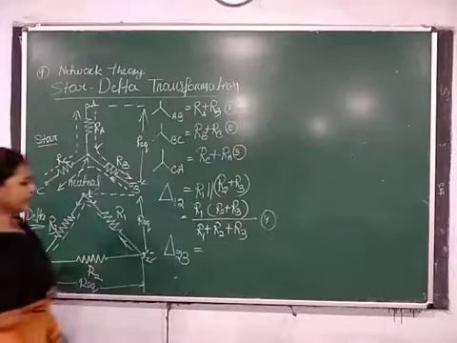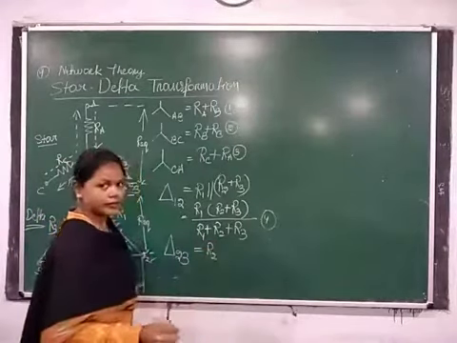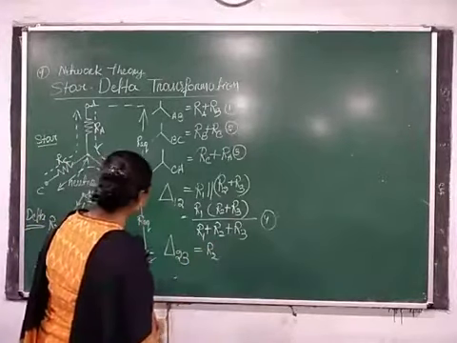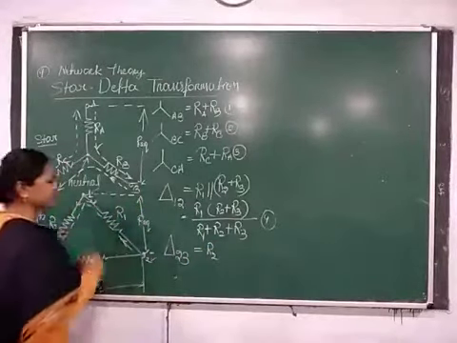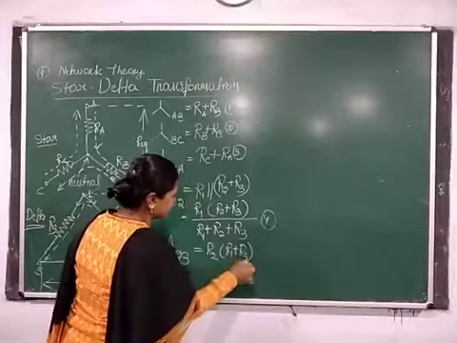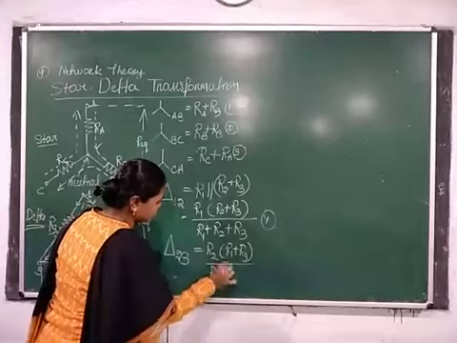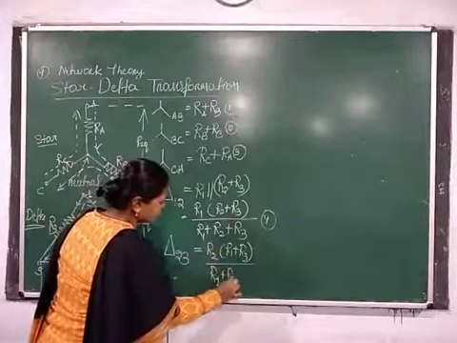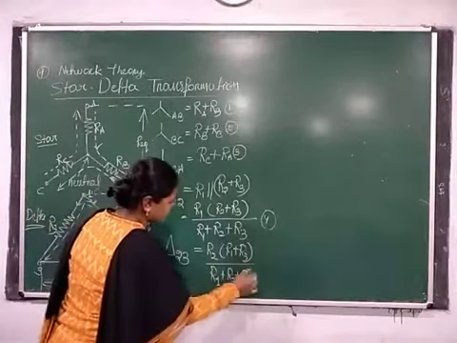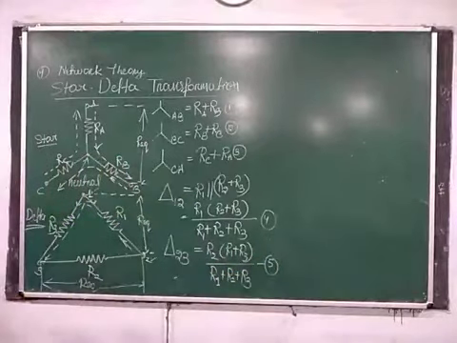So I directly write their parallel combination: R2 is in parallel with the series of R1 and R3, giving R2 times (R1 plus R3) divided by R1 plus R2 plus R3. Take it as equation number 5.